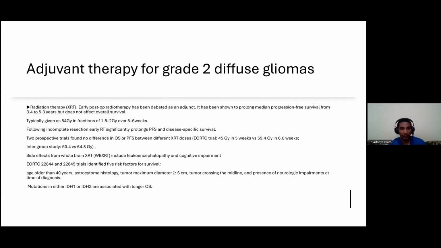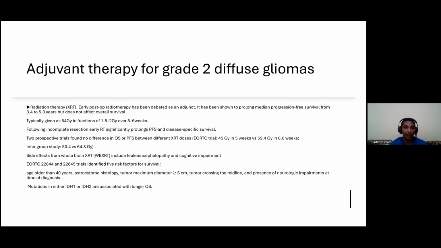The same trial identified 5 risk factors for survival, including age older than 40 years, astrocytoma histology, tumor maximum diameter greater than or equal to 6 centimeters, tumor crossing the midline, and presence of neurologic impairment at the time of diagnosis.